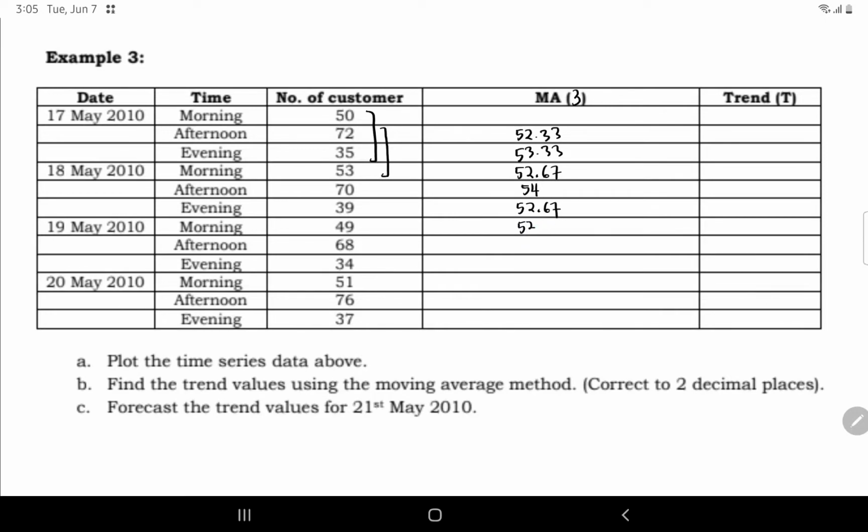$52. $50.33. $51. $53.67. And finally 54.67.